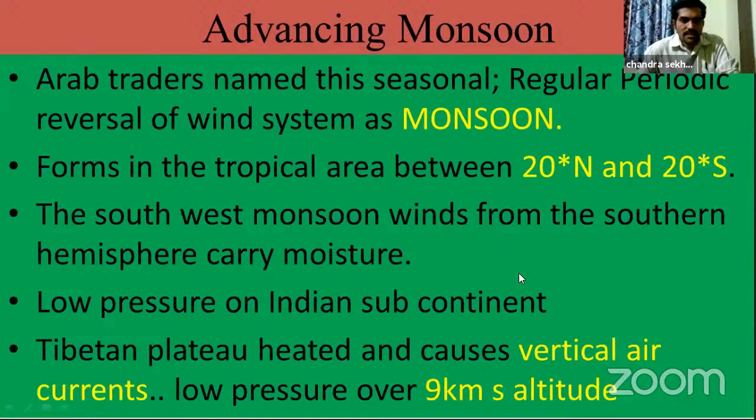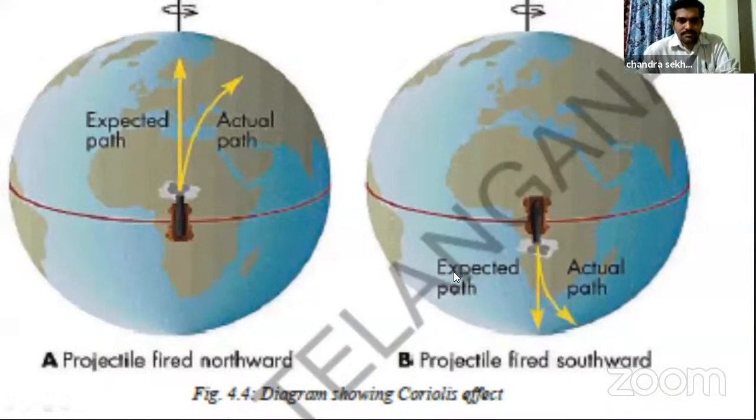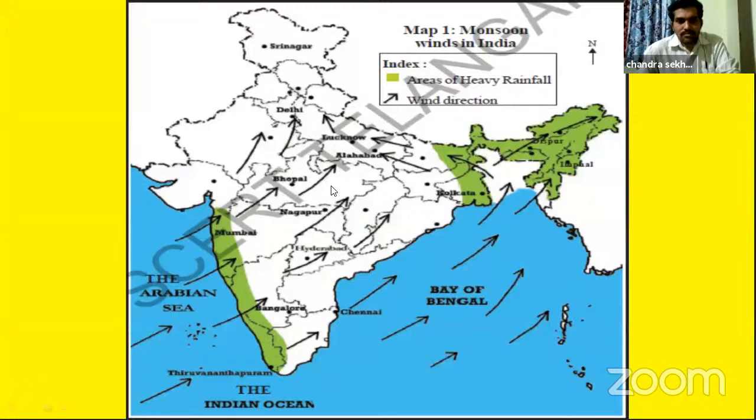Particularly in India, if you observe here, these are the southwest monsoons which come from the Indian Ocean, and when they cross the equator, they turn towards east and enter India from the southwest. That's why these monsoons are called southwest monsoons.